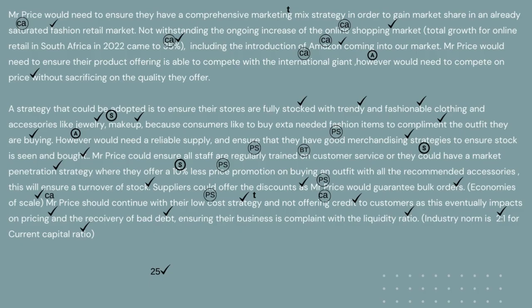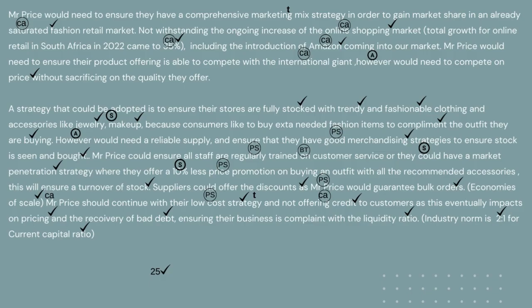Okay. A strategy that could be adopted is to ensure their stores are fully stocked with trendy and fashionable clothing and accessories like jewelry, makeup. Because, substantiation, consumers like to buy extra needed fashion items to complement the outfit they are buying. However, argument, would need a reliable supply and ensure that they have good merchandising strategies, or your problem solving here, to ensure stock is seen and bought.